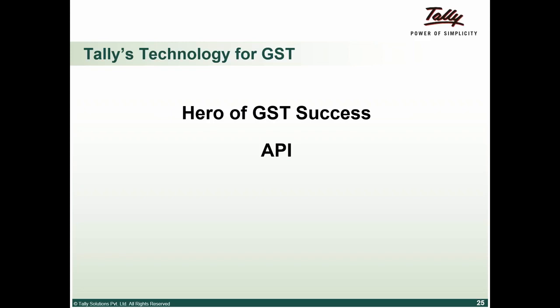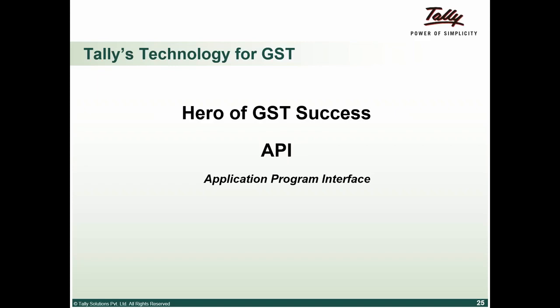So the hero of GST, if you see, is the API. So what is this API? It's basically the application program interface. This is what I mentioned in the previous two slides, where I said the technology part, that this is the real digital B2G that is going to happen.